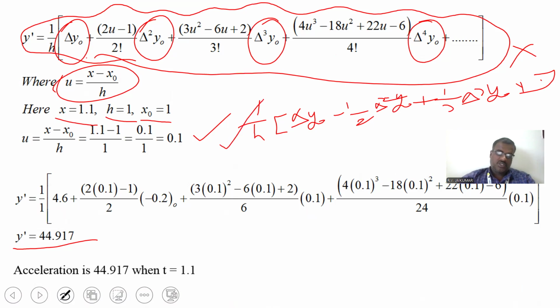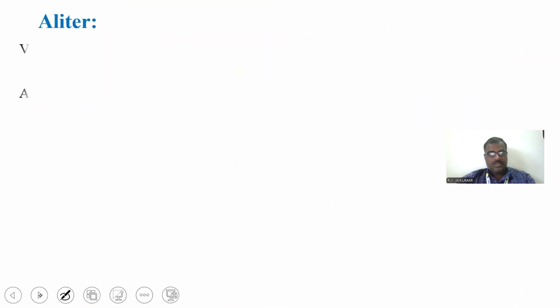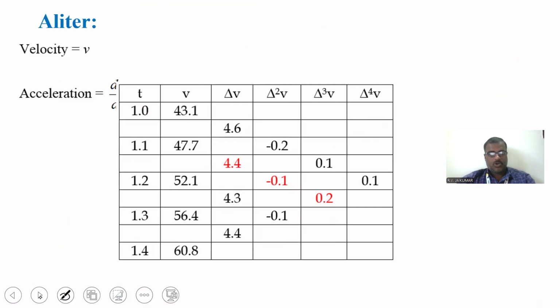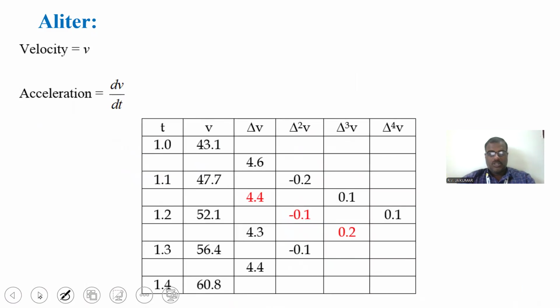So you can proceed with the second simple formula for this problem also, but the chosen value is different. You have to choose a different value of x. Look at this, the same table. In the previous case, we chose the very first values of the forward difference operators: delta y, delta square y, delta cube y and so on.